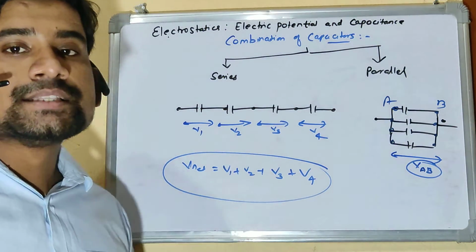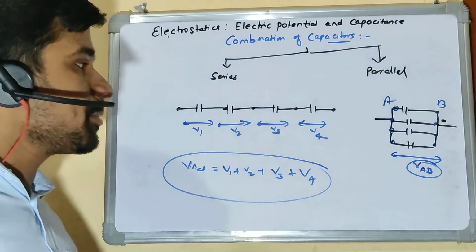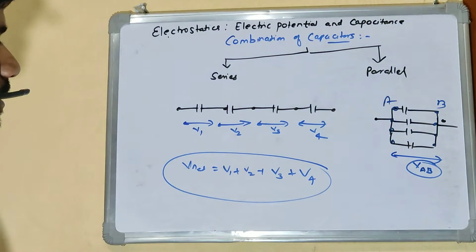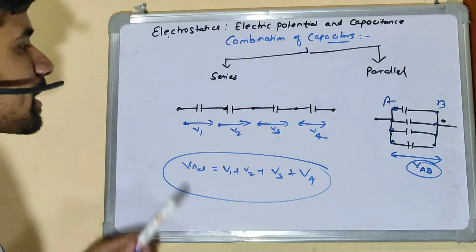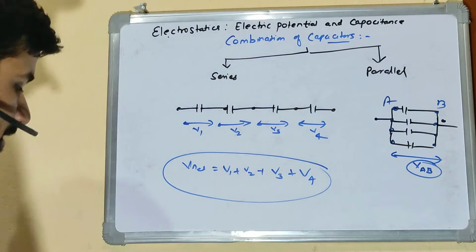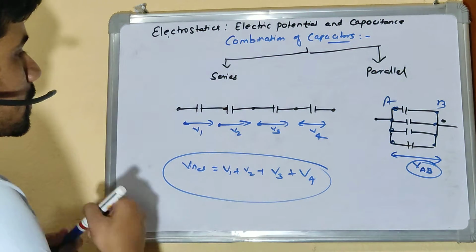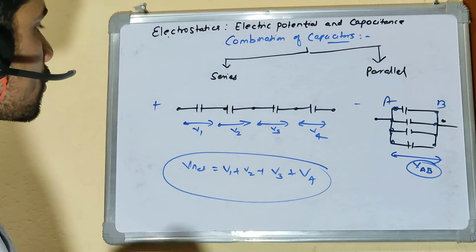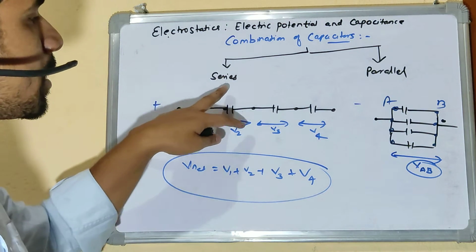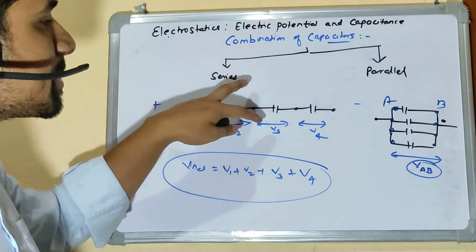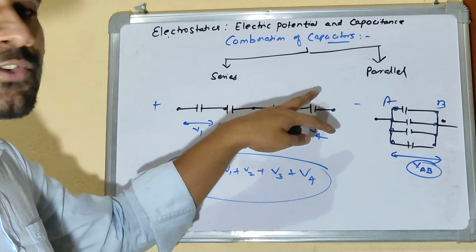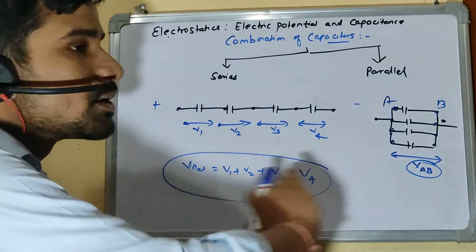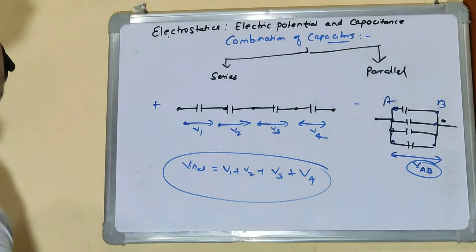Now what about charge? Let's not talk about current here, but charge. If I connect this particular system to a battery, whatever charge flows through this capacitor will be the same as what flows through the next, and the next, and the next. So the charge flow is the same in the series combination.